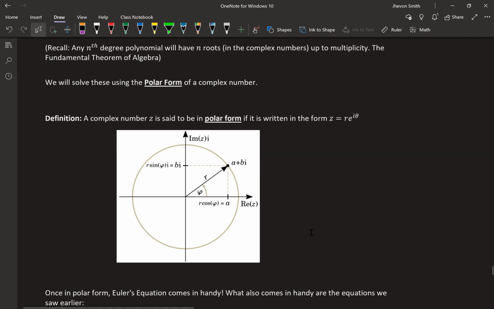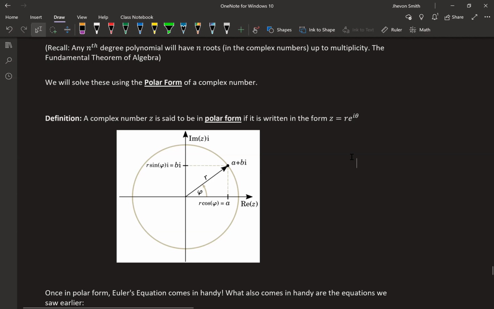So really, you can think of any complex number as just a coordinate in this plane. Then, if you apply polar coordinates to that, you can pretty much figure out that the a must be r cosine θ, the b must be r sine θ. And so, using Euler's equation, knowing that e^(iθ) is cosine θ plus i sine θ, you can actually express this complex number a plus ib in the form re^(iθ).